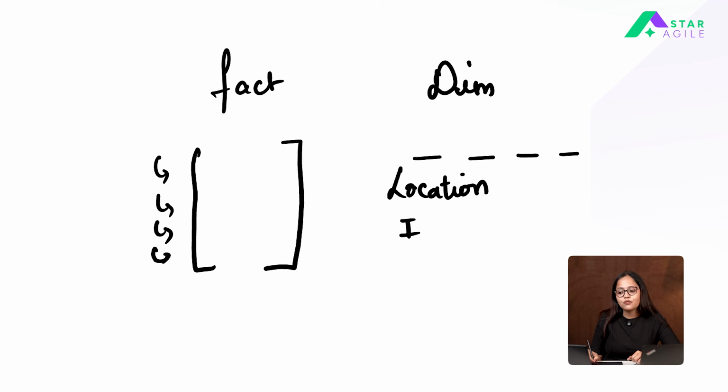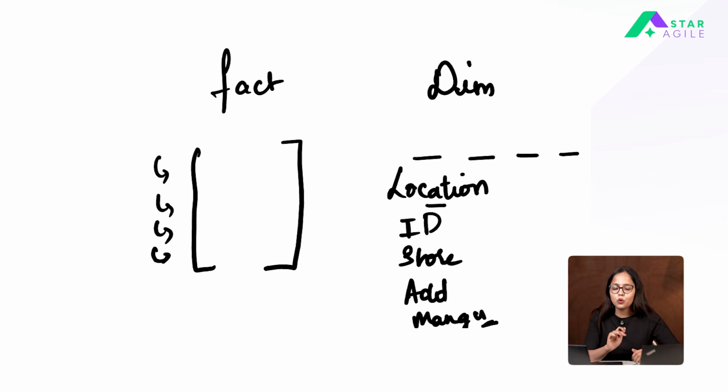If I have location related information, I may have the ID of the location, the store information of that location, the address and the manager details. Generally, dimension tables aren't as lengthy as your fact tables, and also they don't change over a period of time until and unless there is a new store in place.